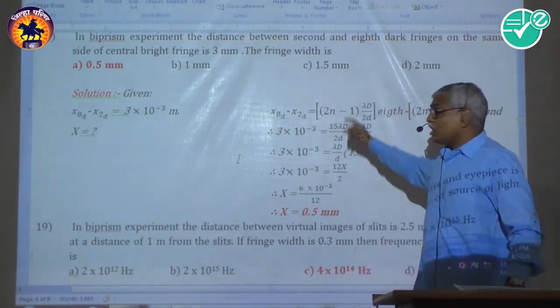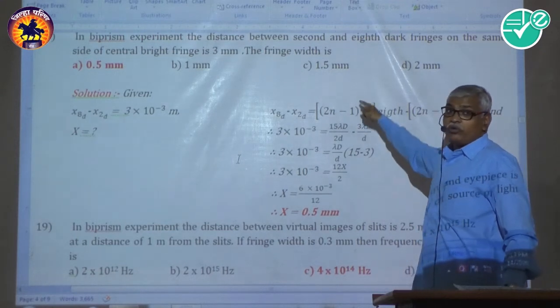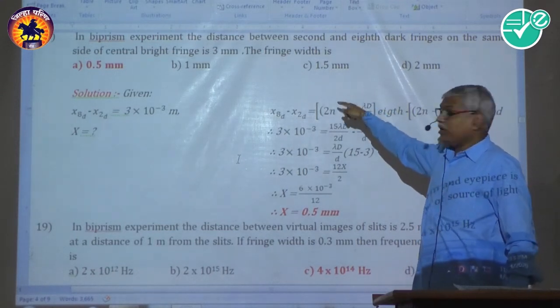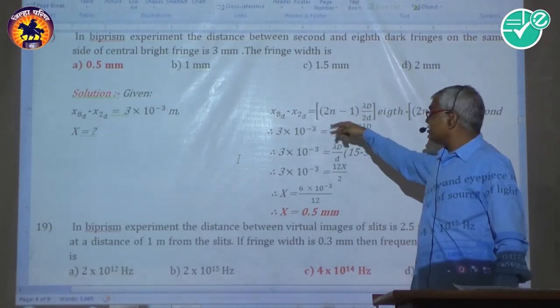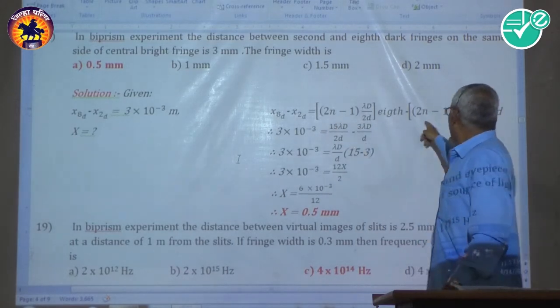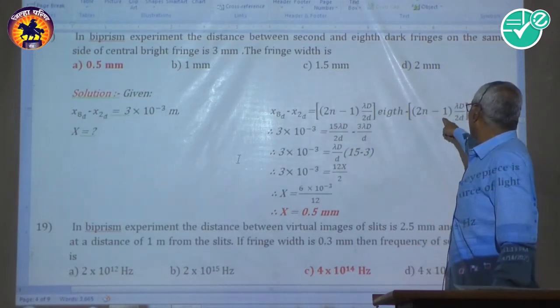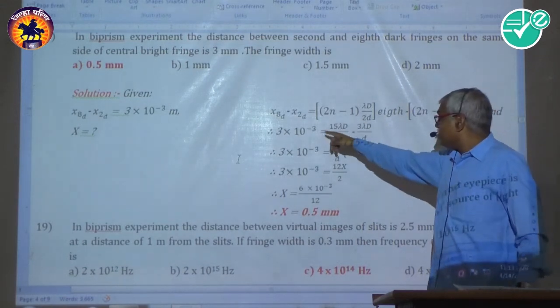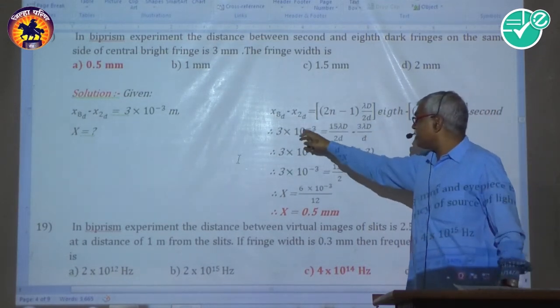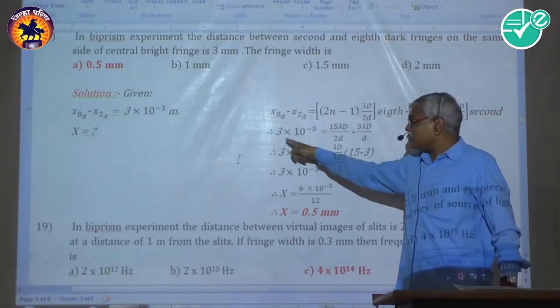Therefore, the formula is (2n minus 1) into lambda D divided by 2d, for the 8th. And minus (2n minus 1) into lambda D upon 2d for the second. Now write down here the formula. This data is given in the problem.